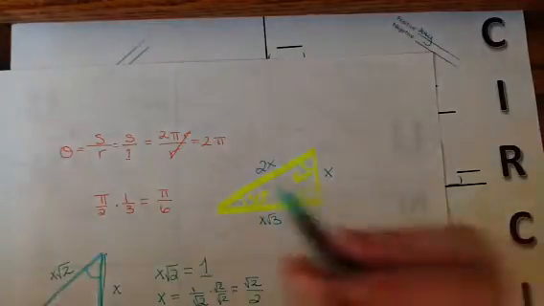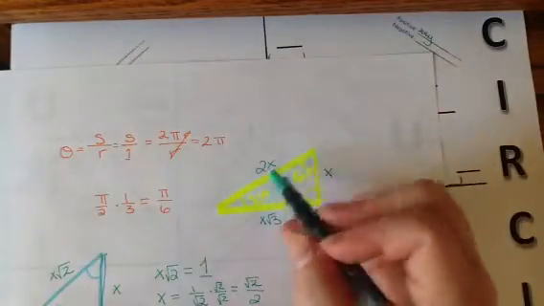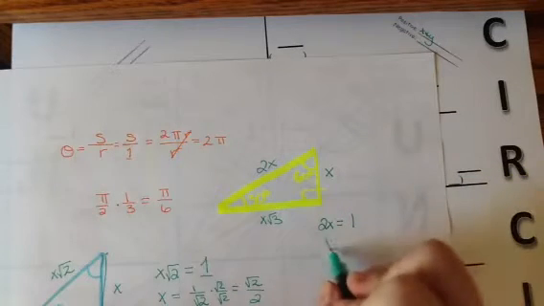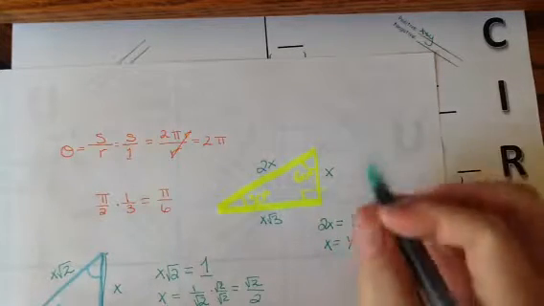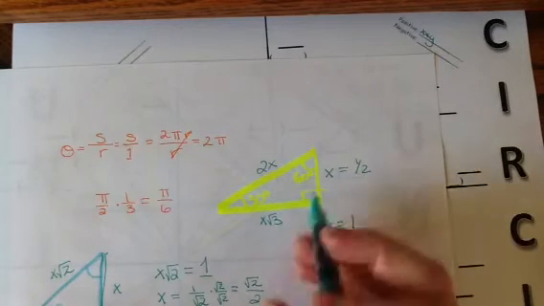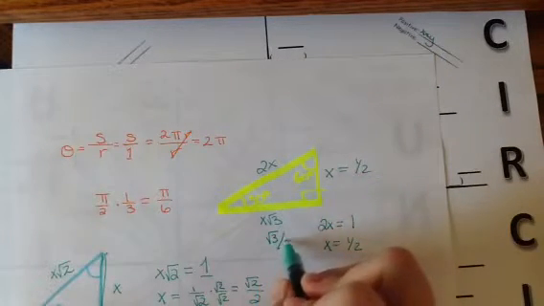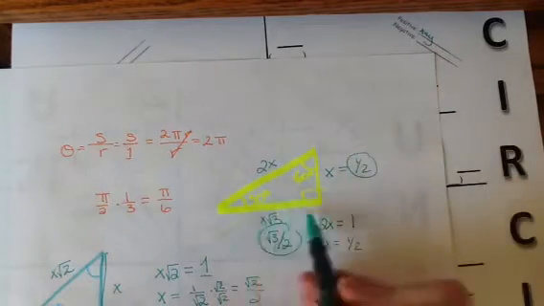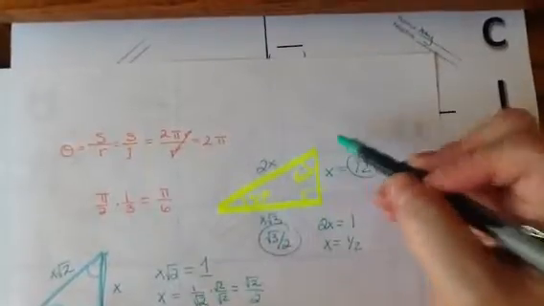And I'm going to do the same exact math. This right here is the radius, so that means that 2x has to equal 1, so x equals 1/2, which means this side right here is 1/2, and this side right here is root 3 over 2, which means I've gone side to side, root 3 over 2, and up and down 1/2.